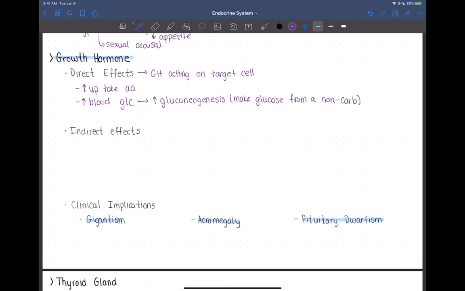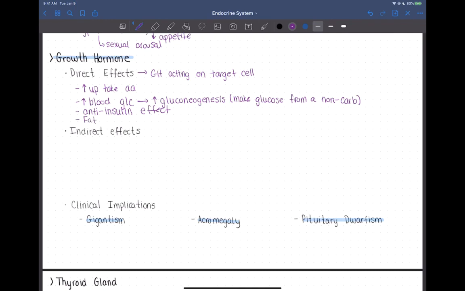And then growth hormone will also have an anti-insulin effect, and that relates to that increase in blood glucose. In addition to these effects, another direct effect would just be fat redistribution.